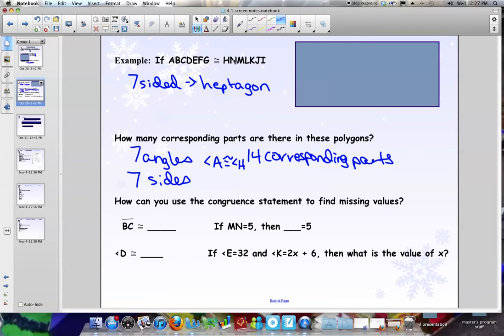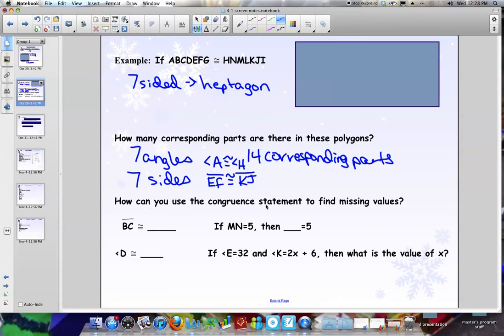Angle B and angle N, angle C and angle M. And then you could do the same thing with the sides. An example of one side would be EF. EF in the one polygon would have to be congruent to what in the other polygon? E corresponds to K, F corresponds to J, so it would be KJ.